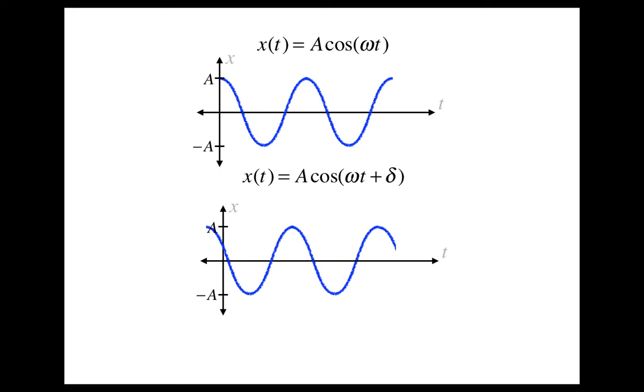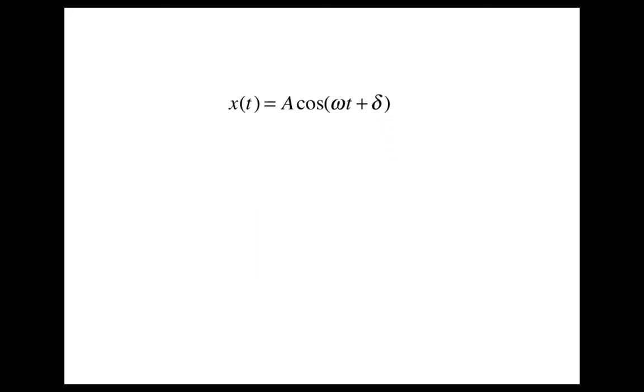So how do we figure out what delta is? Well, if you manipulate the equation a little bit, pull omega out, then you can see that delta over omega should be the amount that the graph is shifted to the left. And so if you have a graph like this and you want to determine what the equation is, you can do that.